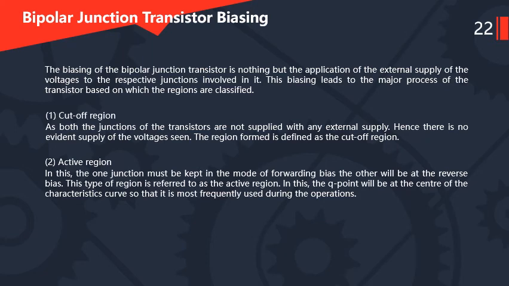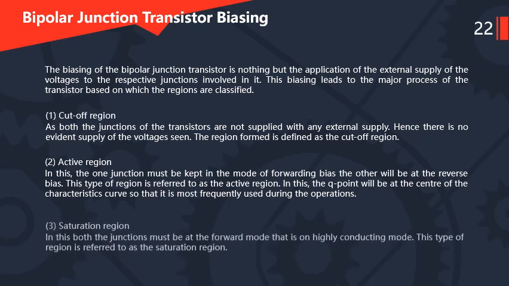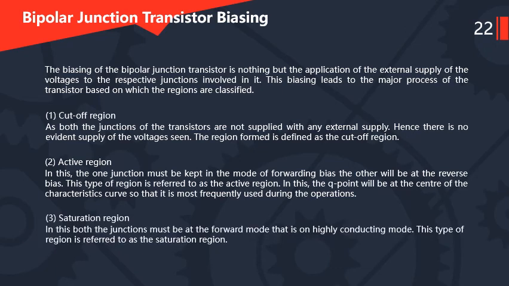In this, the Q point will be at the center of the characteristics curve, so it is most frequently used during operation. The third one is called the saturation region. In this, both the junctions must be in forward mode, that is, in highly conducting mode. This type of region is referred to as the saturation region.